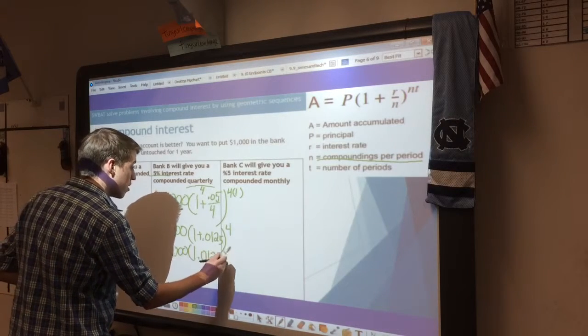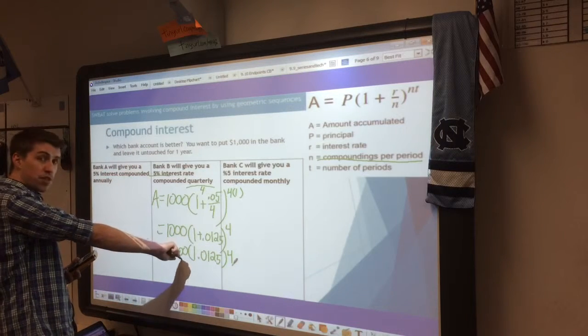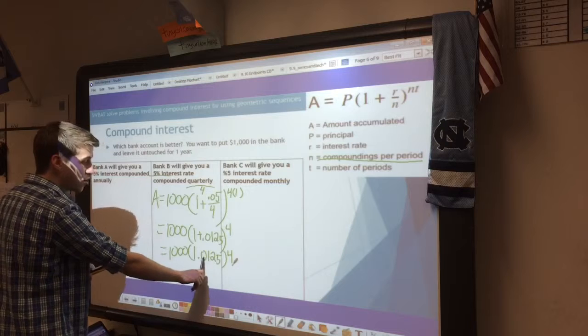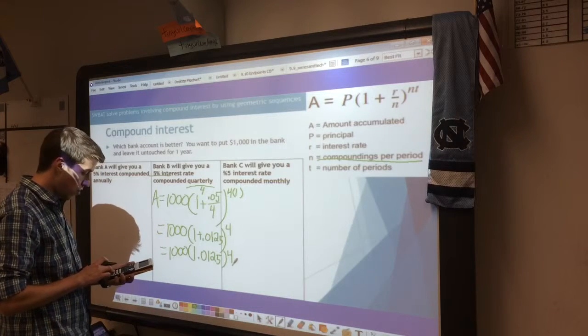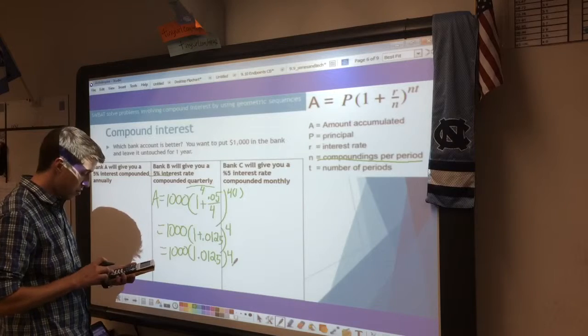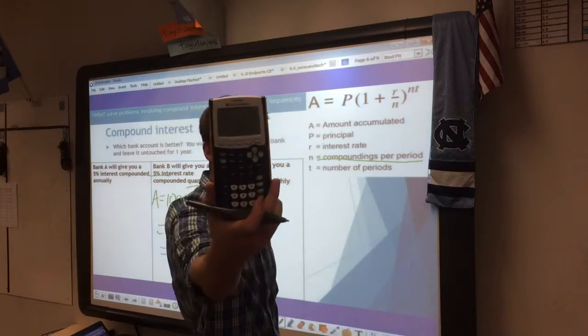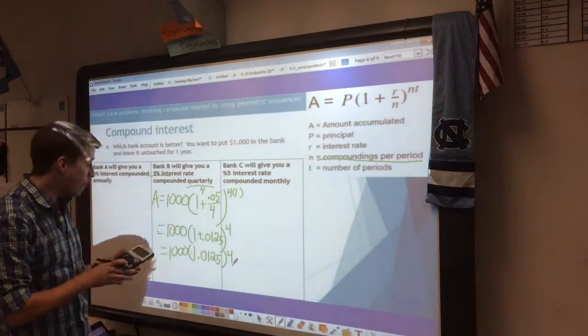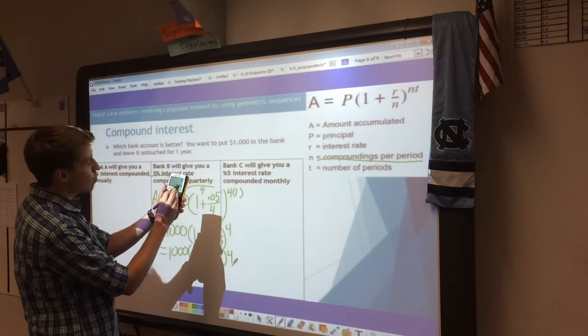1.0125 to the 4th power. Now before we multiply to the principal this time, we have to take this interest rate and raise it to the fourth power. 1.0125 to the fourth. And you get a big old decimal. Craziness. Now, I'm going to be lazy. I'm not going to write all of that out. I'm going to see that on my calculator.